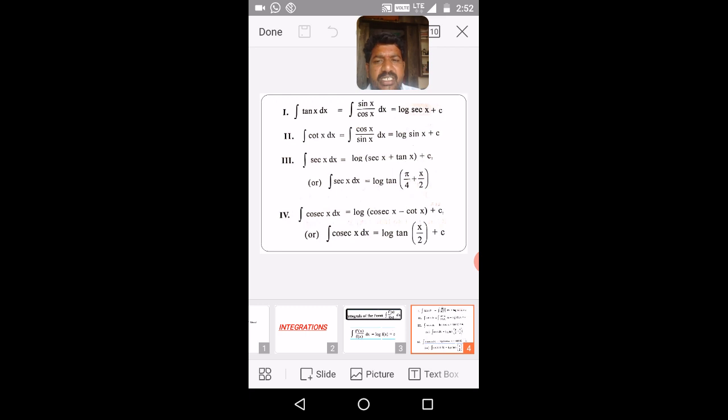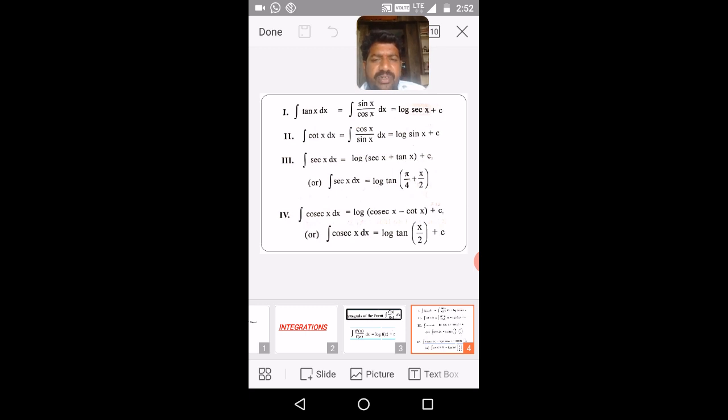For example, yesterday I told you that in the standard integrals of basic functions, we left out the integrals of tan x, cot x, sec x, cosec x. So to find the integration of tan x dx, you change tan x as sin x by cos x. Therefore integration of tan x dx equals integration of sin x by cos x. You observe we have sin x in the numerator and cos x in the denominator.